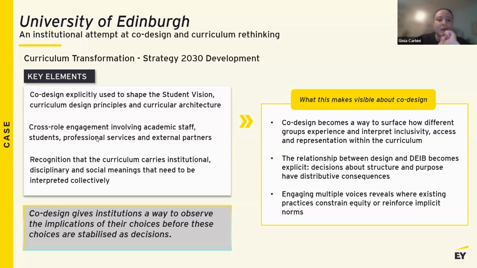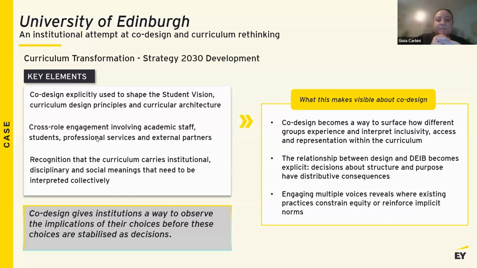So they started the process with different moments of not just listening, but co-design, to create a student vision and the design principles for the curriculum and the overall curricular architecture. They decided to involve academic staff, students, professional services, external partners, etc. So a plethora of different actors.